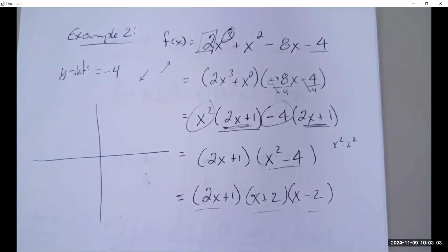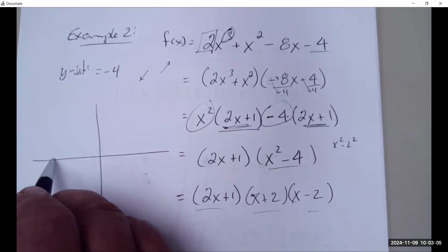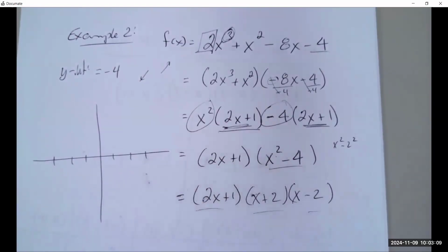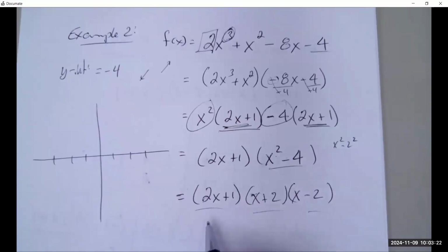Our intercepts are where? Yes. So what's this one going to equal?